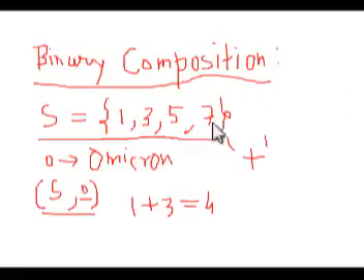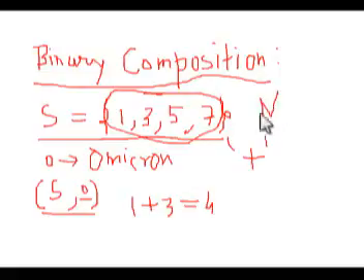But if we take, in place of this, the set of natural numbers, N, then 4 must exist in N. 1 and 3 exist and 4 also exists.